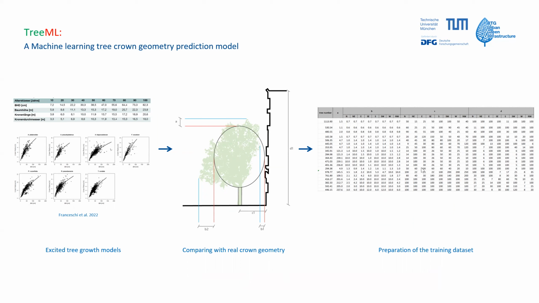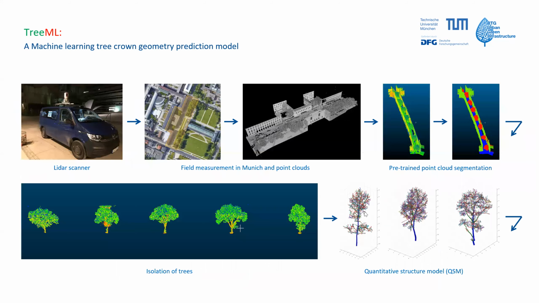The final data set can be used as a training data set to predict the crown geometry projection based on the surrounding objects. And also, in the next slide, to gather this data, we used the TLS scanner to measure around 3,500 trees in 40 corridors and squares in Munich.